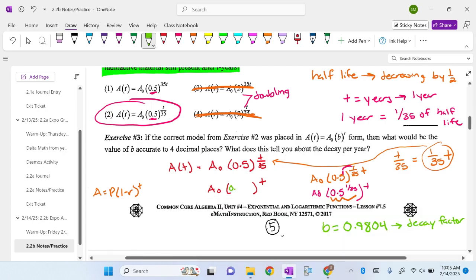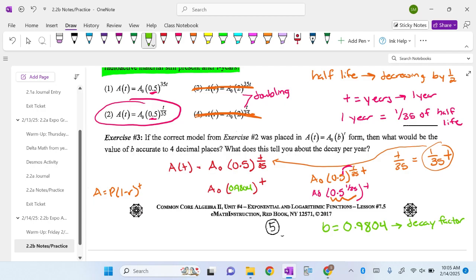So we would put 0.9804 here. Now, I want to find my actual rate of decay, so my R value here. How do you think I would find that, using this formula and this value? What do you think I would do? Let's look at it this way.